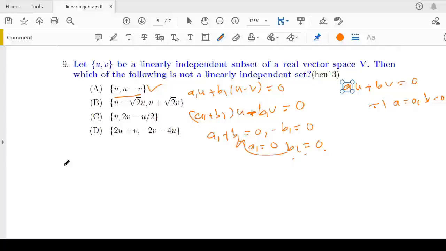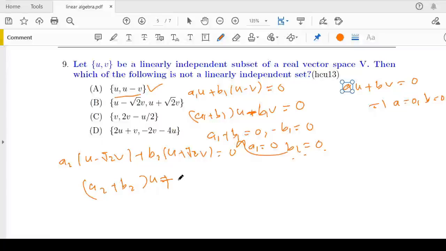And now consider this one. Therefore a2 into u minus root 2 v plus b2 into u plus root 2 v equal to 0. Taking common terms, a2 plus b2 into u plus minus root 2 a2 plus root 2 b2 into v is equal to 0.